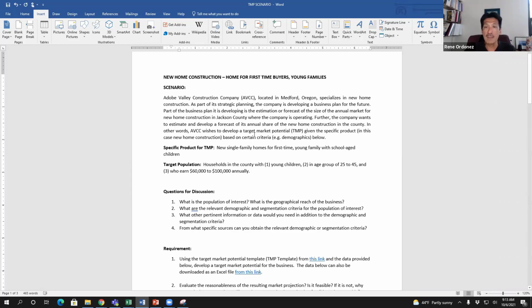So to develop a target market potential, you need specific qualifying variables in the product or service that you are selling or rendering. In your marketing class, you talk about segmentation of the market, like demographics, psychographics, and other relevant segmentation criteria. So here's the specific product that you're selling.